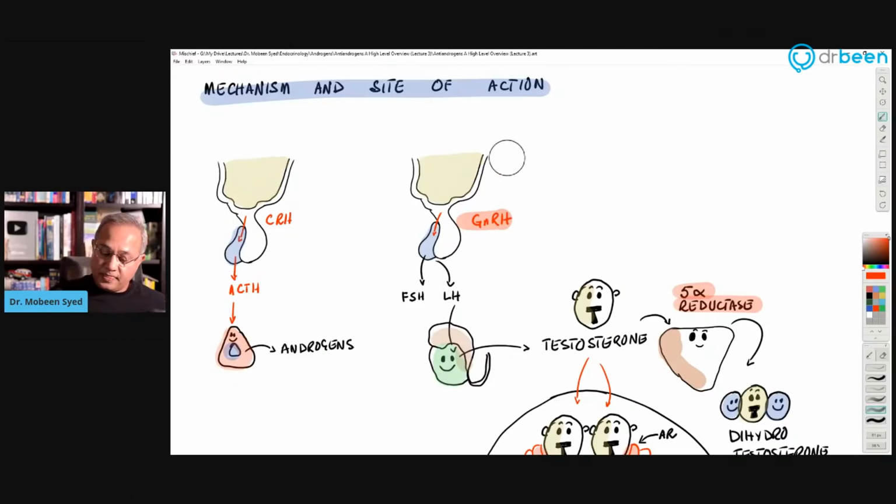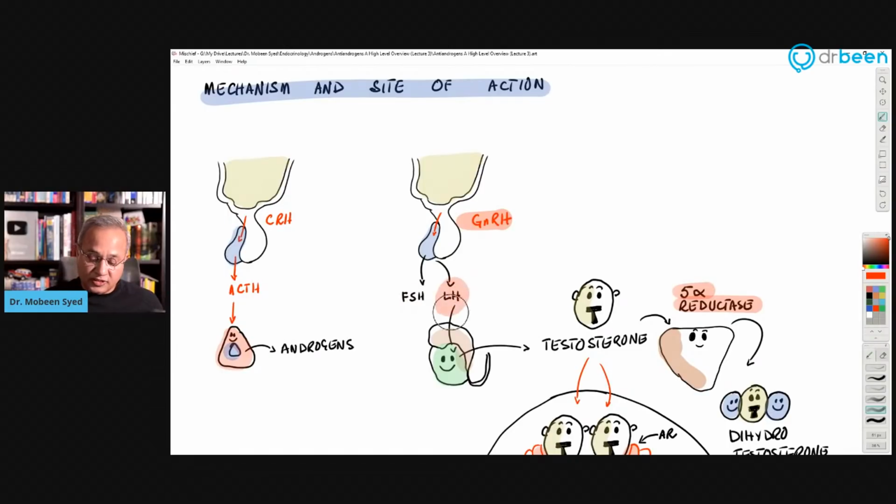Okay, so the hypothalamus releases gonadotropin releasing hormone. This hormone works on the gonadotrope cells in the anterior pituitary, and those cells in turn release, again we're talking about men, follicle stimulating hormone and luteinizing hormone.